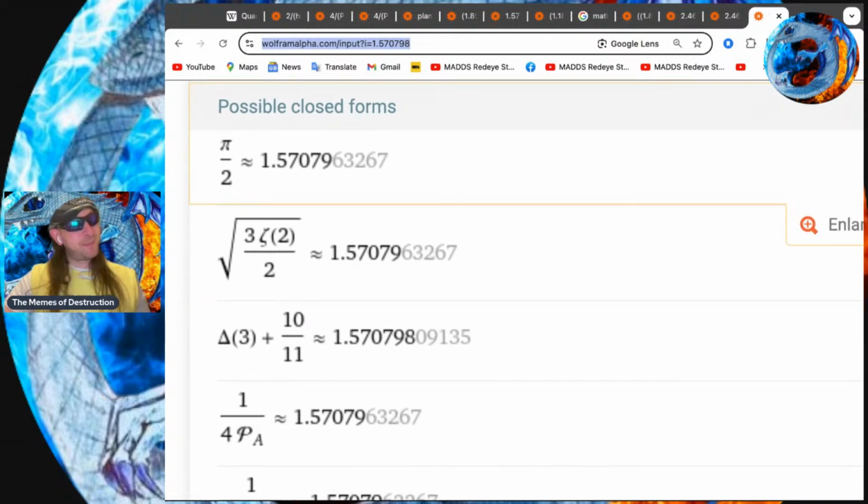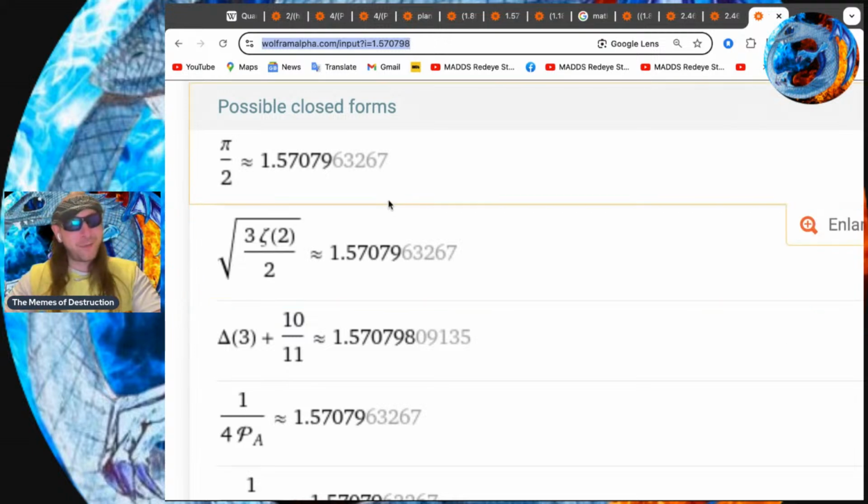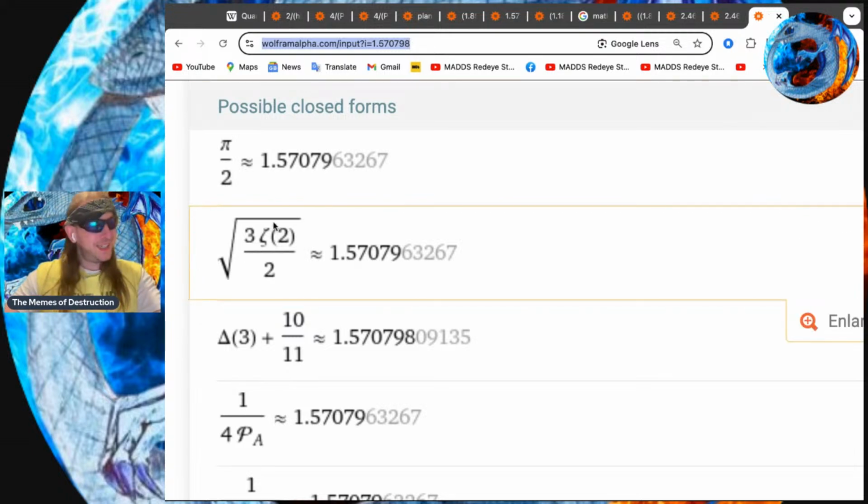Well, the top two happen to be pi divided by 2. And to be fair, the square root of 3 zeta of 2 over 2, it is equivalent. So I really wasn't baiting and switching you or anything. They're equivalent there. You usually just don't see it because that's a little bit more complex, and you take a square root and stuff of that. We'll get to that in a moment.